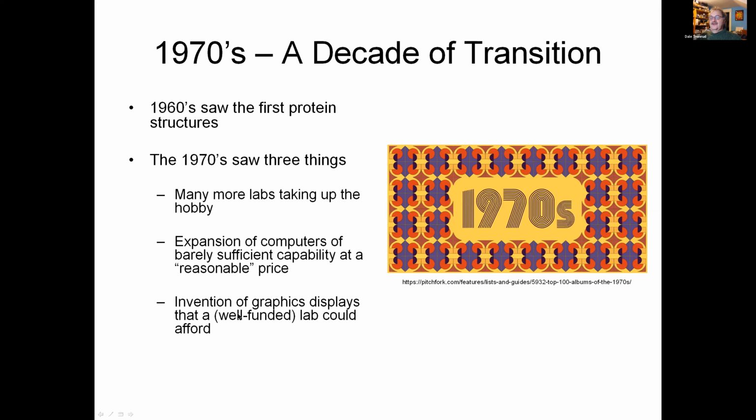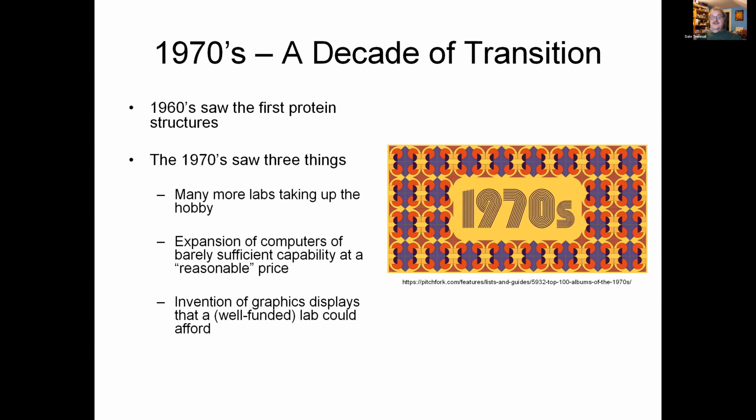The 70s also was the period when the first computer graphics displays started to come on the market, and people were really getting serious about the idea that maybe we could use these computer graphics displays in our model building and generating interpretations of our data without building physical brass models held together by screws.